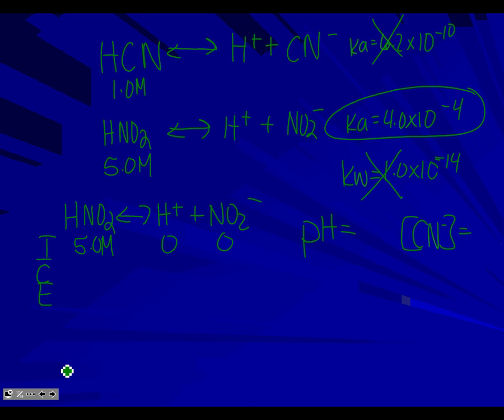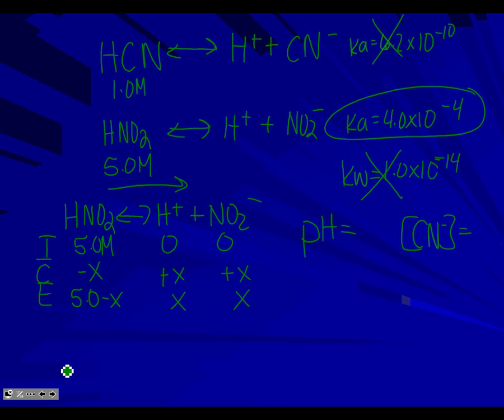So that automatically means we have to shift to the right. We are going to reduce the amount of our reactant, and we're going to add to our products. So this becomes 5 minus X, X, and X.